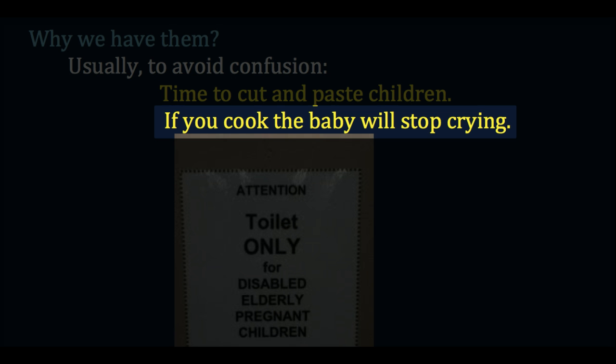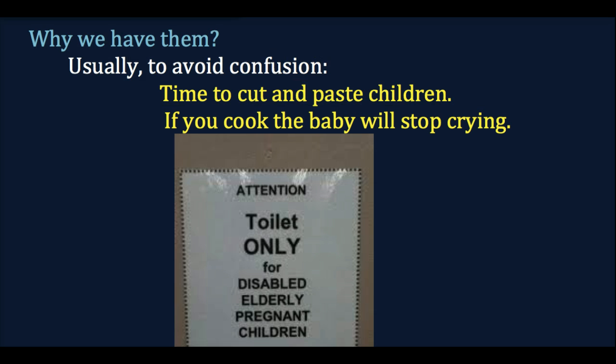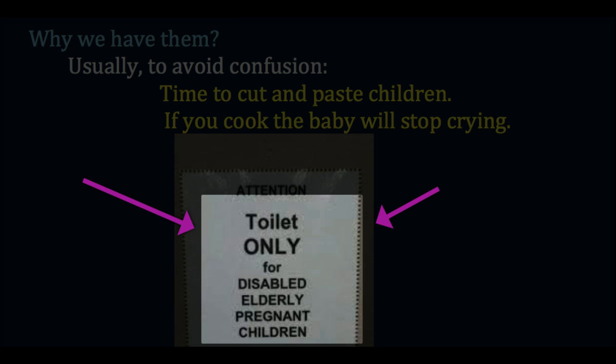If you cook the baby, well, wait a minute, I'm confused. I need a comma to avoid that. If you cook, comma, the baby will stop crying. Got it? Look at this sign for some pretty remarkable children: "Toilet only for disabled, elderly, pregnant children." Wow, they have a lot going on, those kids.